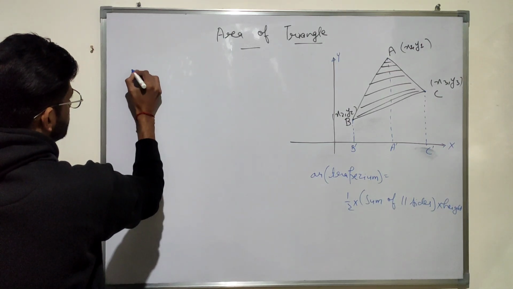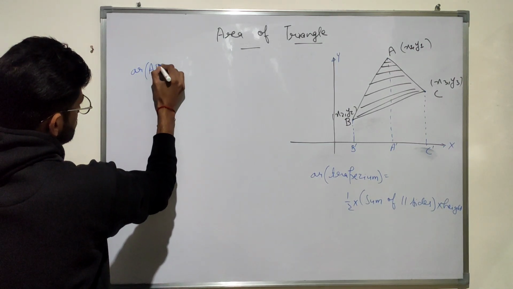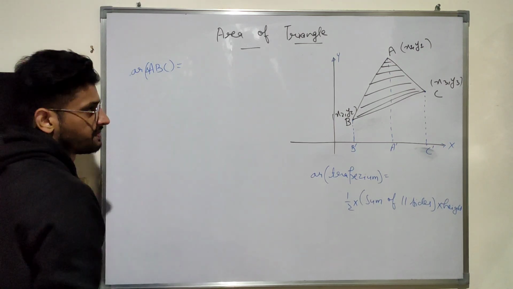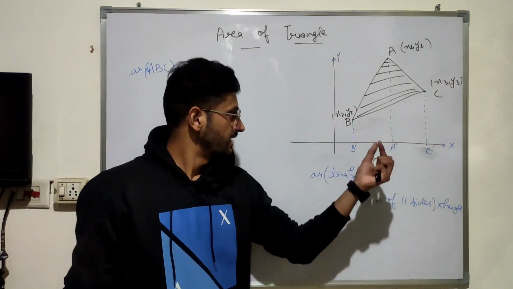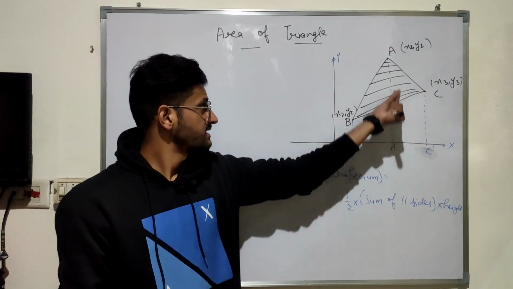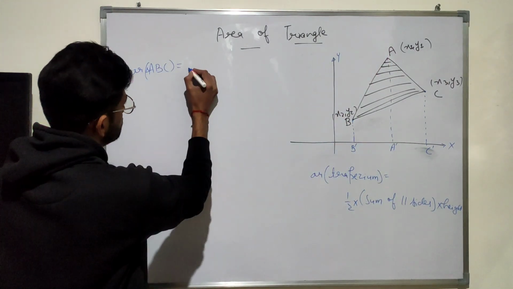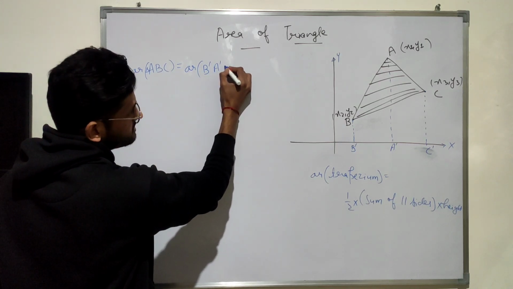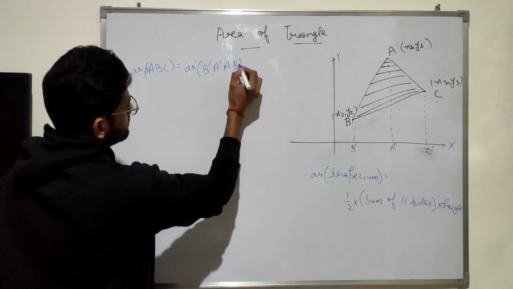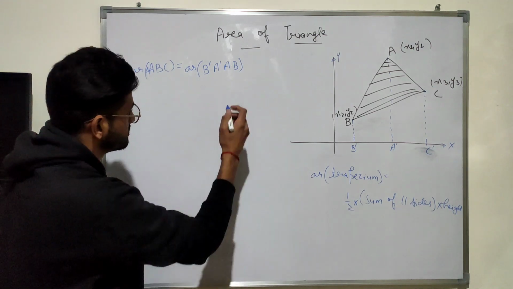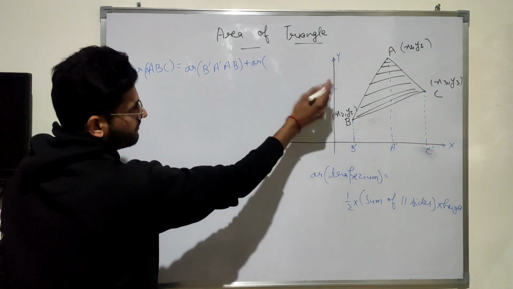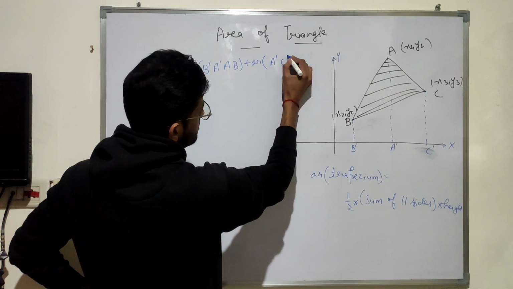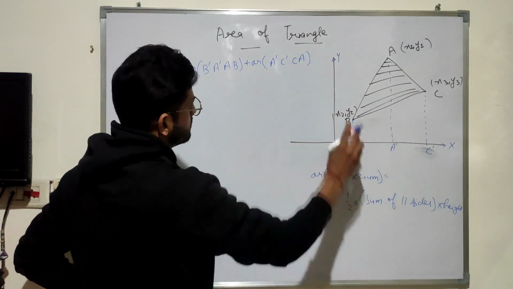So if we need to find the area of triangle ABC, it is going to be the area of the first trapezium B'A'AB plus the area of the second trapezium, that is A'C'CA.